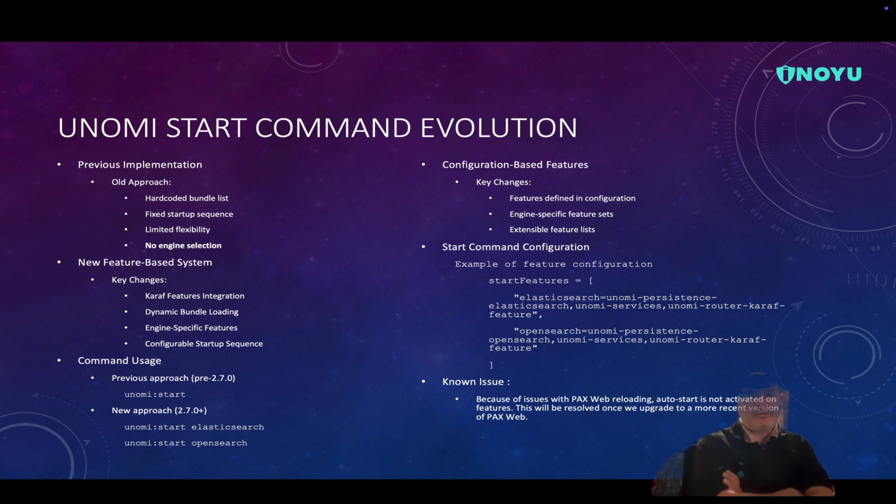One of the things that was required is that Unomi has a start command. When you launch without a Docker container, you have to start Unomi. Instead of using just Unomi start, you now say Unomi start Elasticsearch or Unomi start OpenSearch.